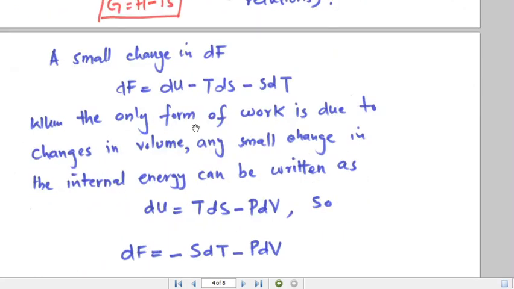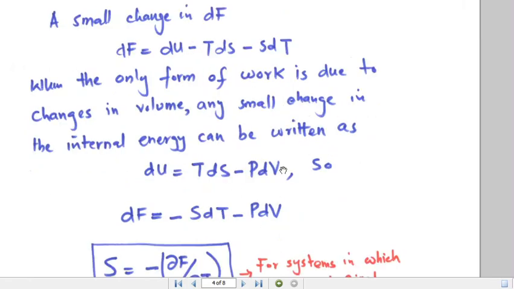When the only form of work is due to changes in volume, any small change in the internal energy can be written as dU equals dq minus PdV, which is equal to TdS minus PdV. Since we know that dS is equal to dq over T, you can write dq as TdS. Putting this value of dU in the previous equation, you will have dF equals minus SdT minus PdV.